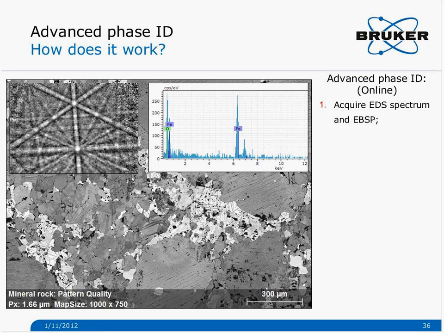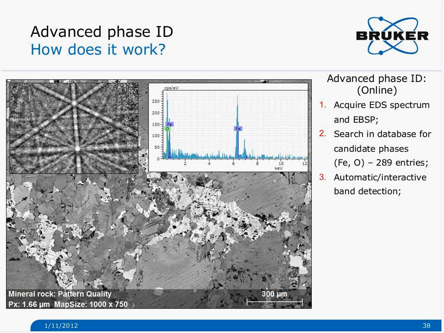So basically, the user has to go to one spot on one particle and acquire a spectrum and a pattern. And the same way, using the elements present in the spectrum, a search is done through a search engine in a database. And in this particular case, for iron and oxygen, I found 289 entries.